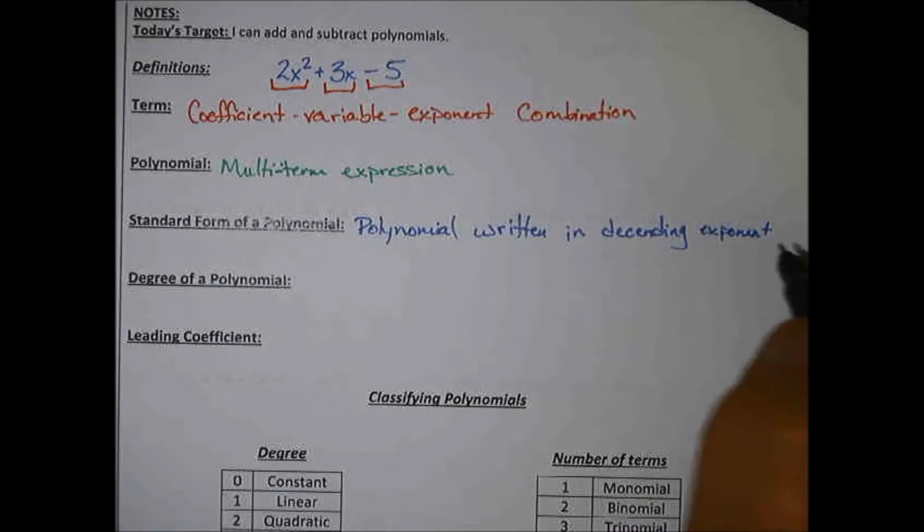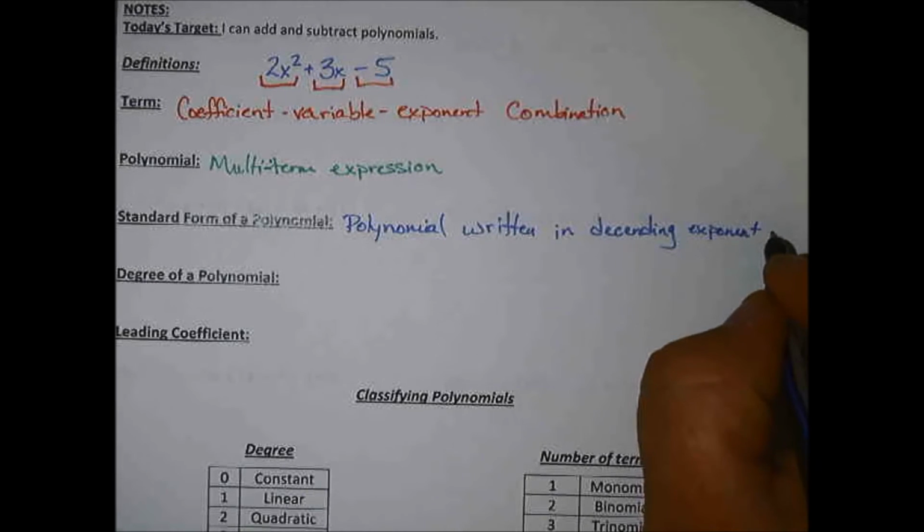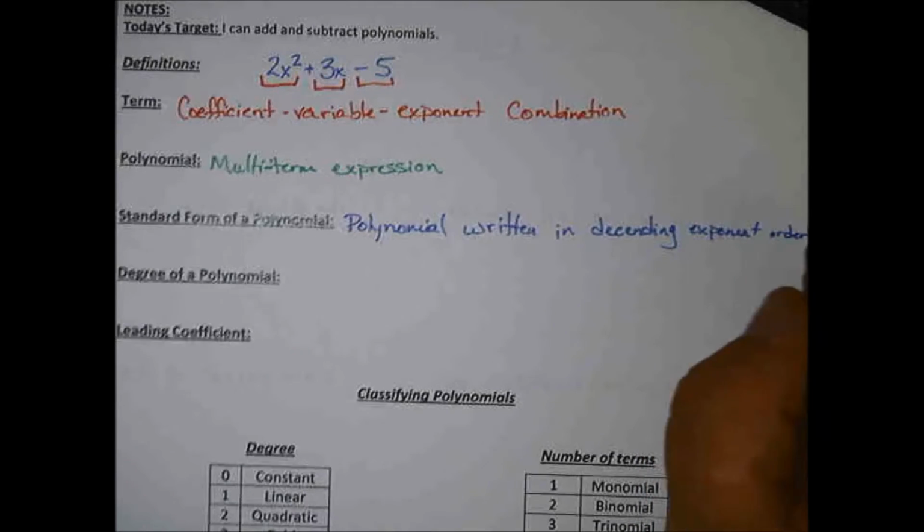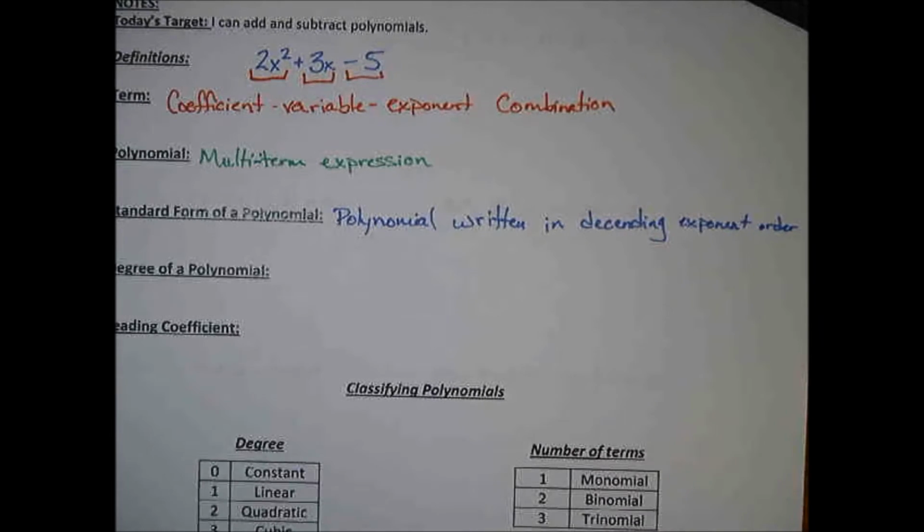You can't read that. So written in descending exponent order. Okay, that's what it means for a polynomial to be written in standard form.